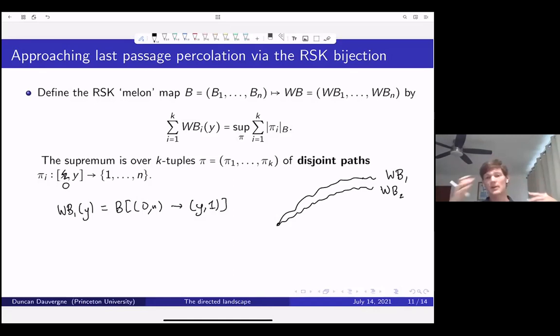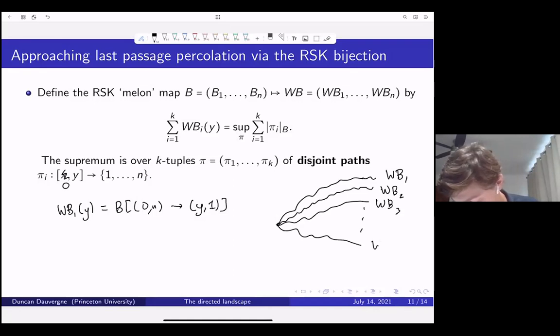And you can check this combinatorially, it's not the simplest thing, but if you think about it for a while, you can figure out that deterministically, this WB has ordered functions. So we're taking a sequence of n independent Brownian motions which have no relationship, and through this bijection, passing it to a sequence of functions which have this ordering property and have a nice relationship with last passage percolation.